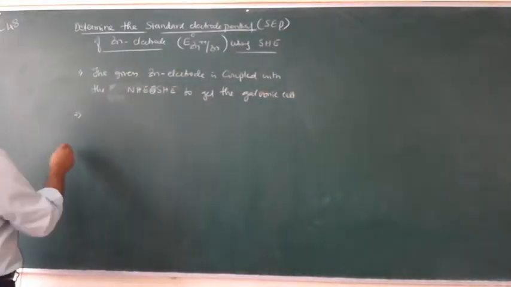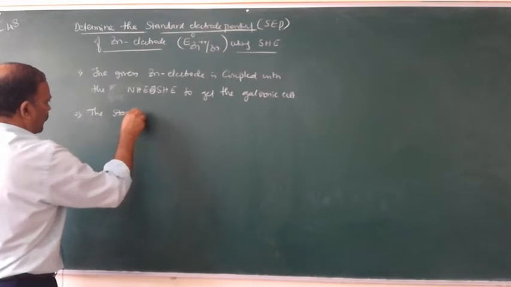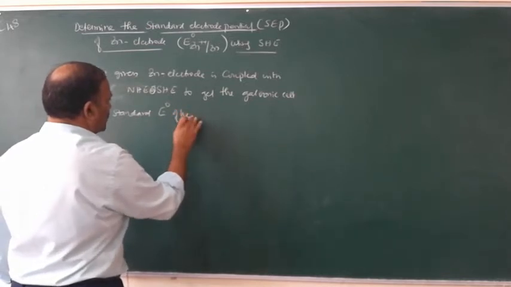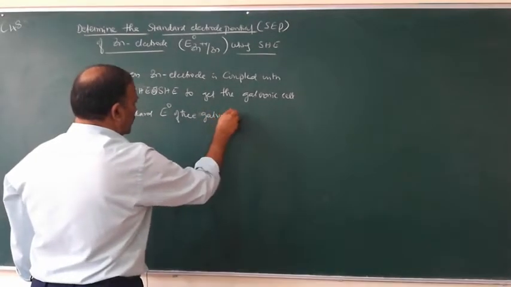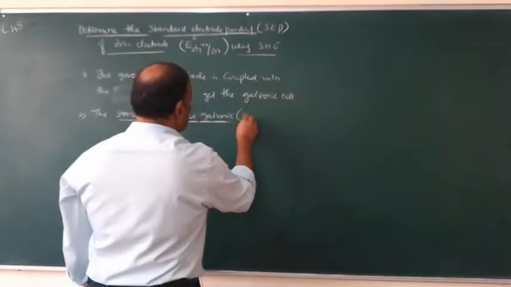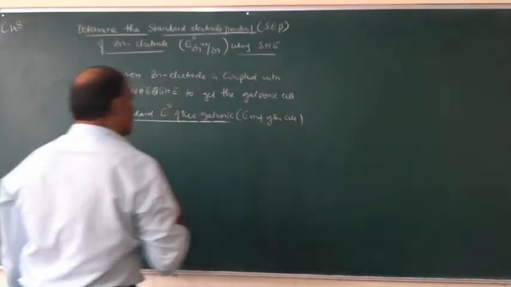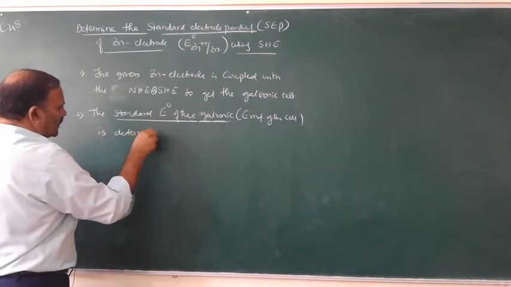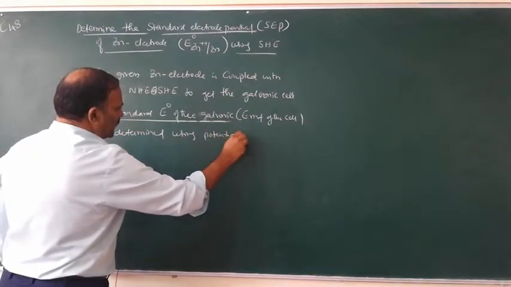Next, number 2, the standard E naught of the galvanic cell, that means the EMF of the cell, is determined using potentiometer.